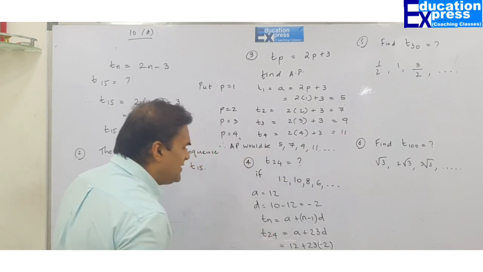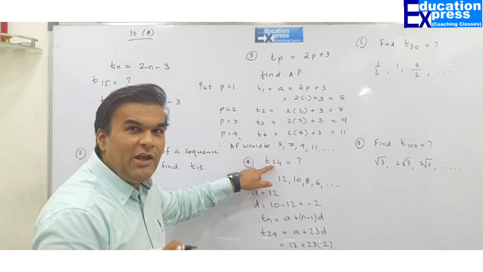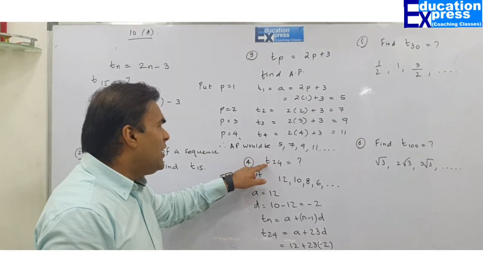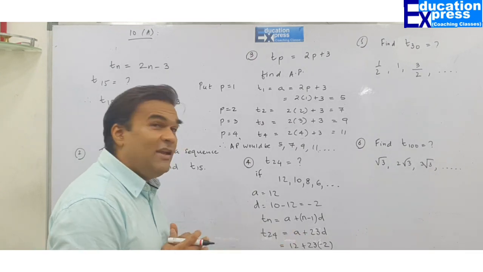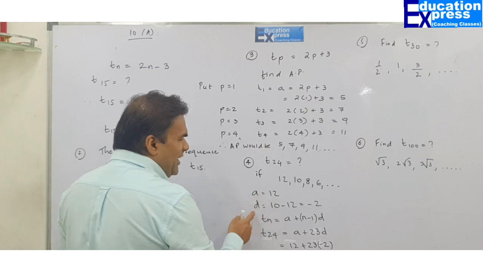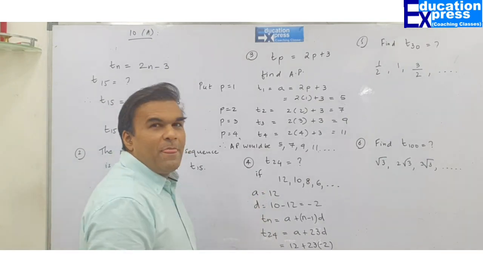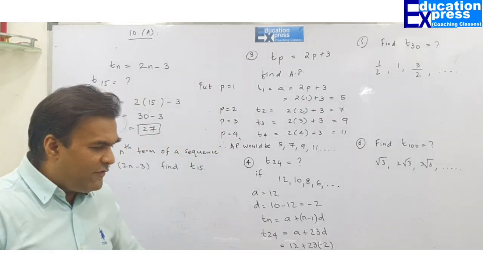So my dear friends, they have asked us to find the value of T24. We know that T24 directly we can write as A plus 23D. Since A is available, D is available, substitute, apply, supply, get the reply. Let's do question number 5.